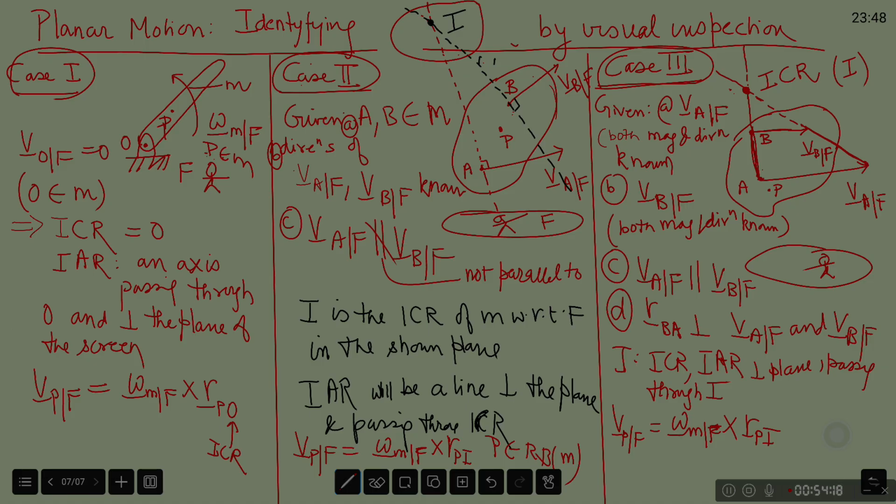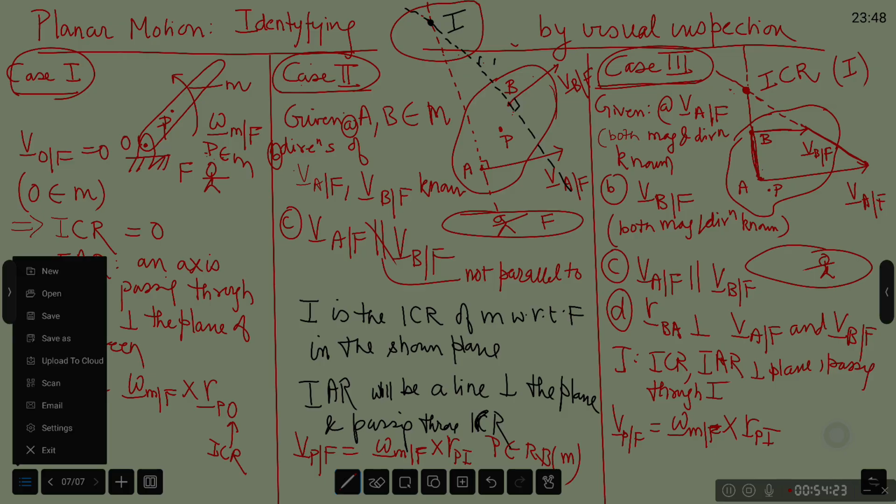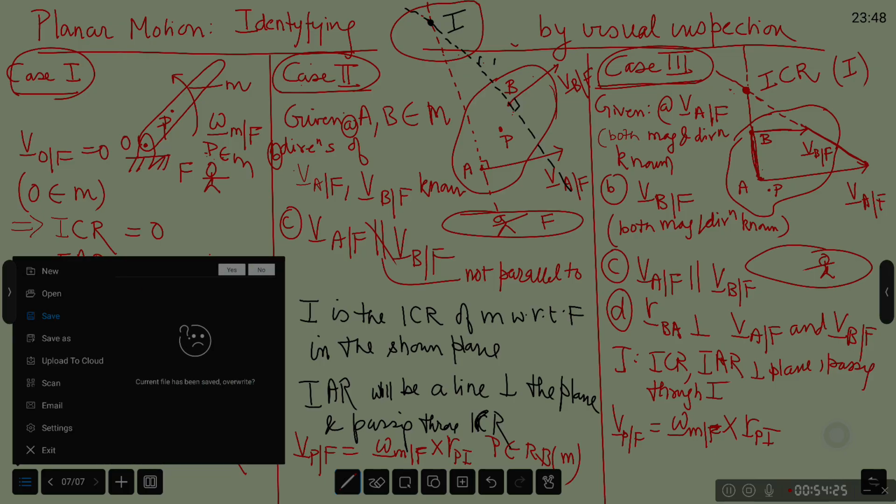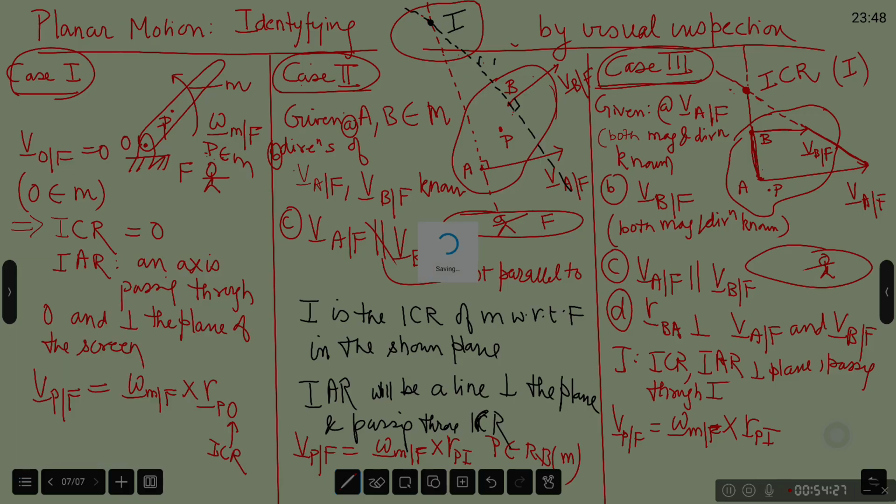However, I must lie on the massless extension of the body. Okay, so in cases where I is not lying on the material point of the body, we say that I is lying on the massless extension. What do I mean by that?